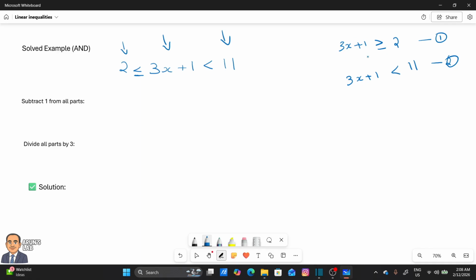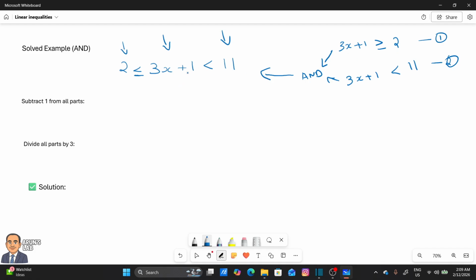These two separate inequalities combine using an AND function to form this equation. This is how this equation has formed. We have two options. Either we can solve this separately, or we can solve this on the same side.